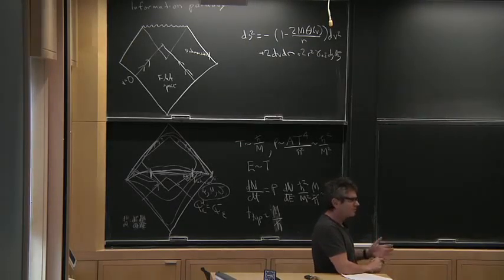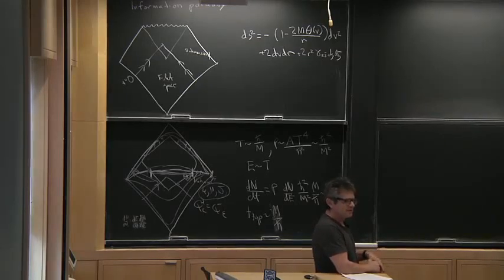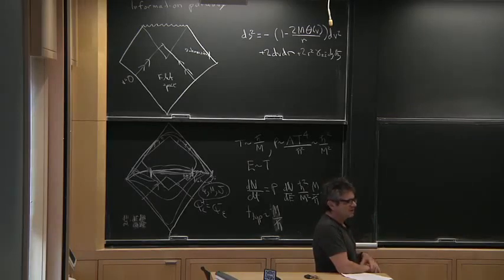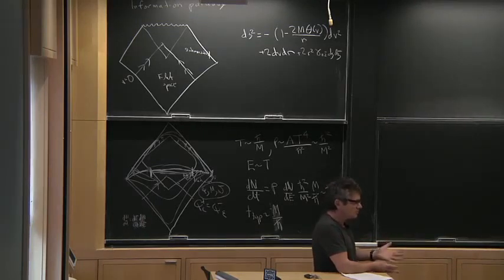And of course, they gave the same answer. And the trick is, if you're going to try to extend things into the interior, the goal is to find some gauge to work in which gives you a nice physical picture.